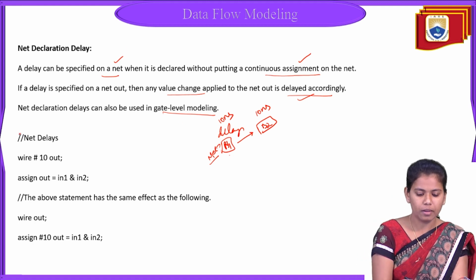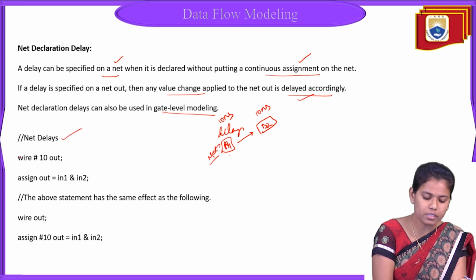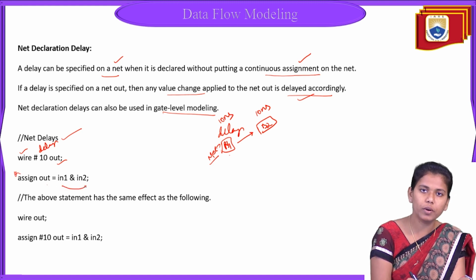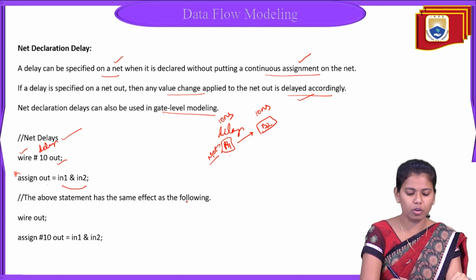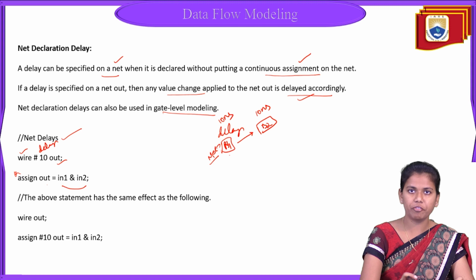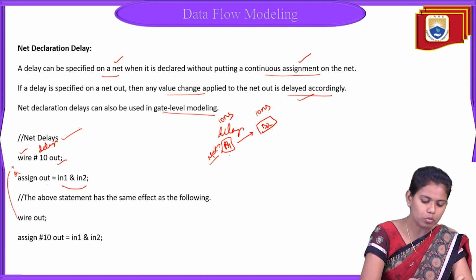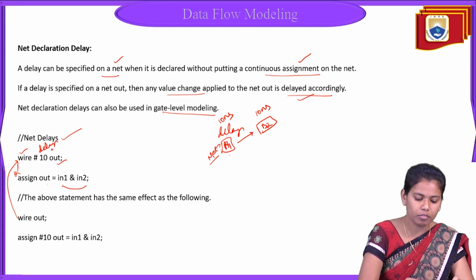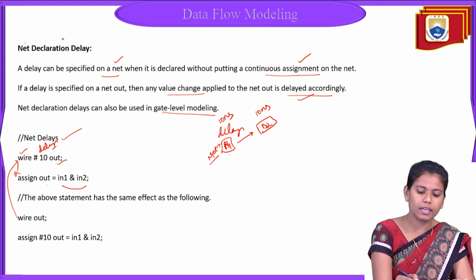So here goes the syntax for net declaration delays. Wire is a keyword, #10 is a delay, out, assign is a keyword, out is from input 1 and input 2. The above statement has the same effect as the following. If we compare these two statements, the above one and the below one, we see wire out, where we are declaring with the delay. The difference between these two is the net declaration assignment.